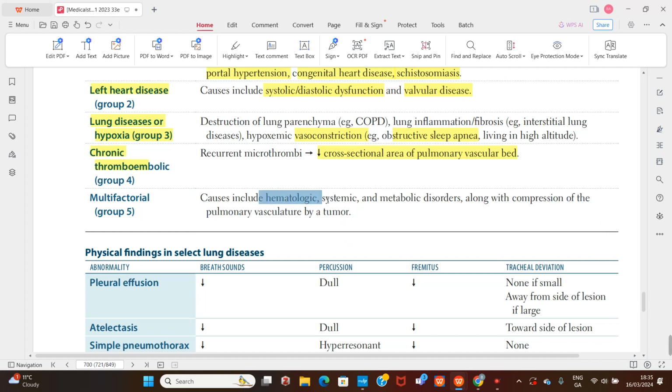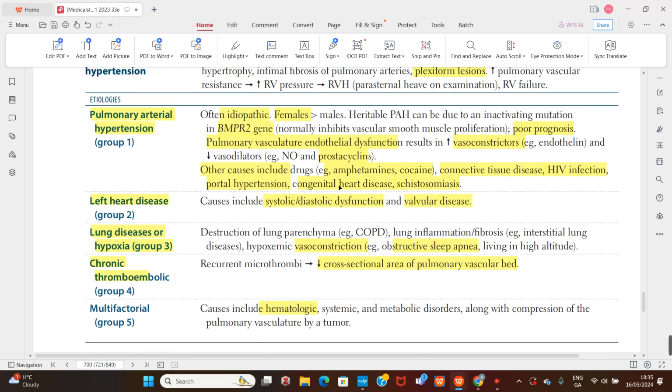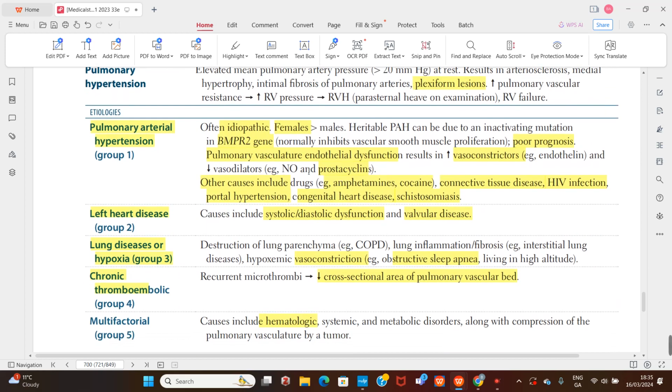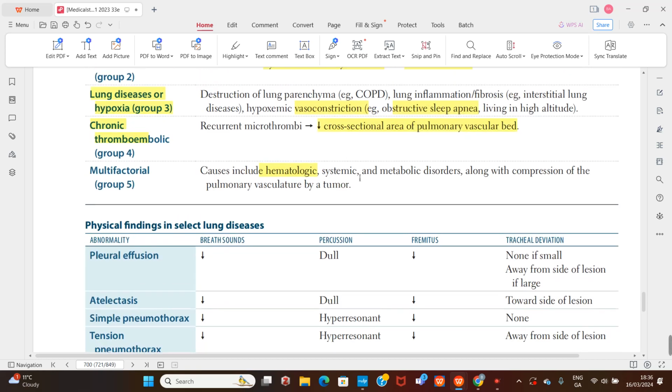People with hematologic conditions, people with sickle cell. Sickle cell can have recurrent sickling of the blood, and those sickled cells can damage the endothelium and can lead to this problem. So when the endothelium is gone, there's nothing to secrete this and this, leading to the hypertension.